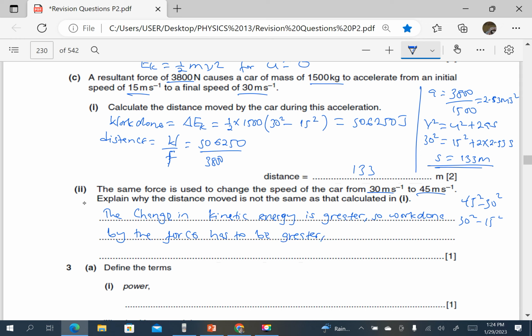And if the work done is greater, since work done is directly proportional to distance, hence distance must be greater for the same force. The change in kinetic energy is greater when the speed changes from 30 to 45, so the work done by the force has to be greater, hence distance must be greater for the same force.